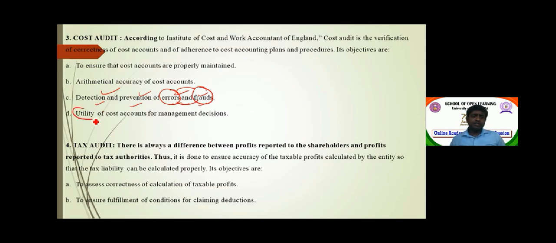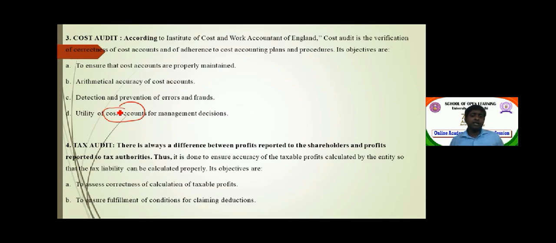Then the next point is utility of cost accounts for management decisions. What is this management decision or utility? Whatever cost accounts we have prepared are of no use to the management if we do not get our accounts audited, or if we do not make it presentable as authentic information to the management of the company.